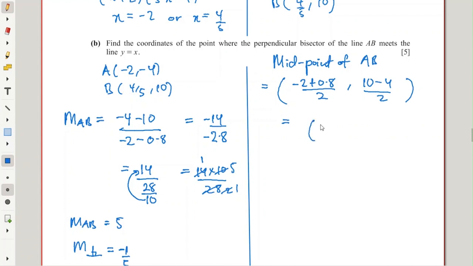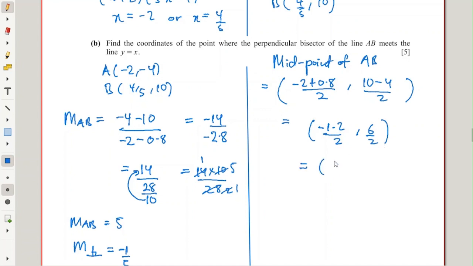Okay, so this will give me negative 2. Sorry, this is the same as negative 1.2 over 2, then 6 over 2.